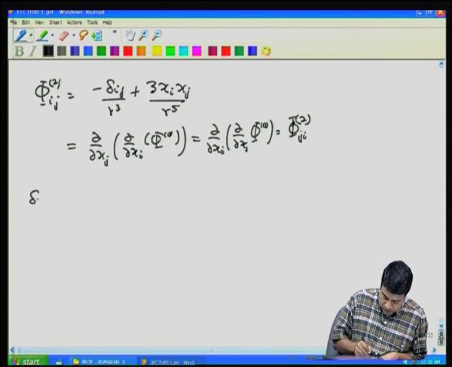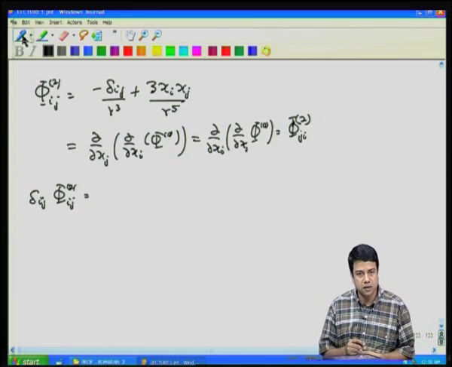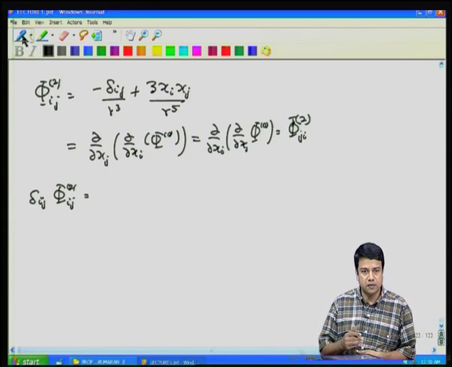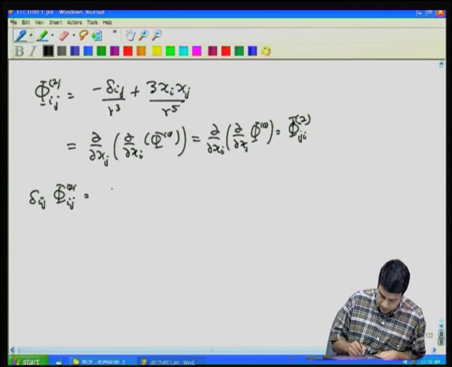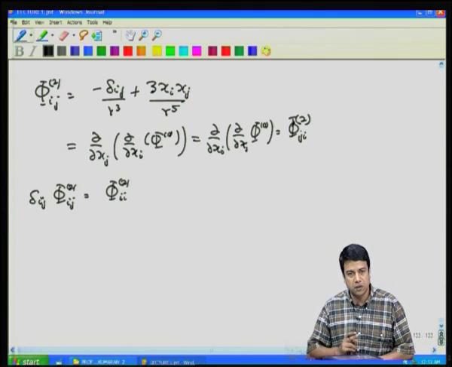Okay, when you multiply delta i j by this solution, it is non-zero only when i is equal to j. So, I could replace j by i in phi 2, okay, and I will get a scalar phi 2 i i, only one repeated index.